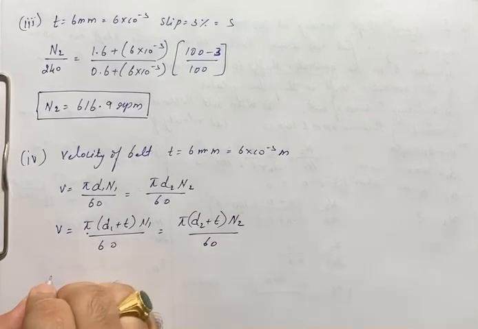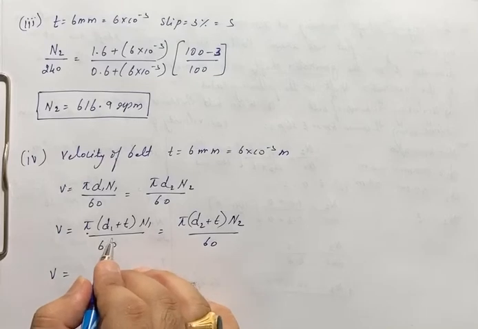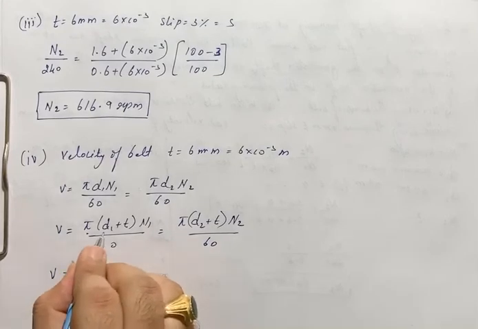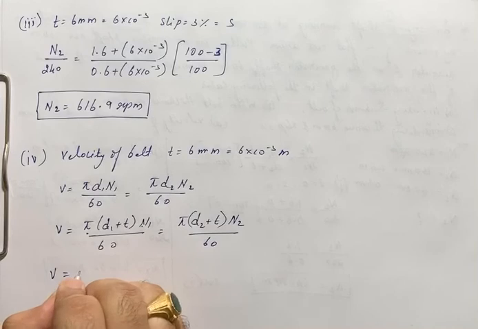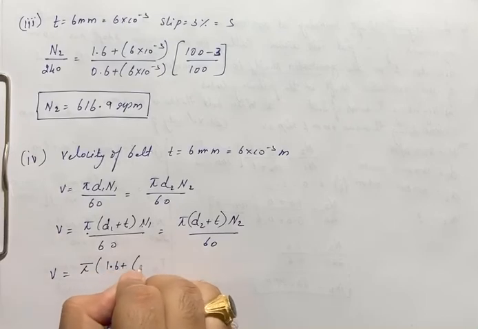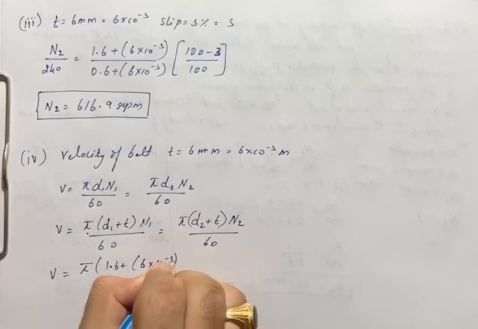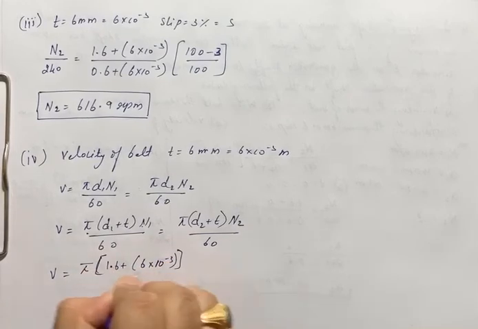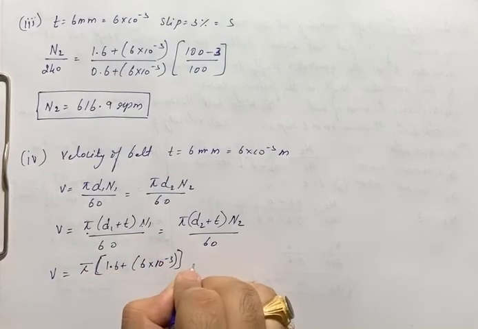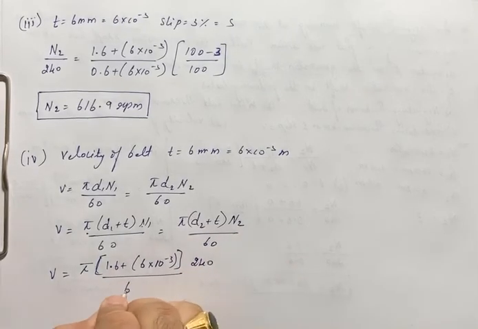Now when I substitute for V, I will take the first one only, because the speed is given as 240 RPM. So pi into D1, here 1.6 plus T, here 6 into 10 raised to minus 3, into N1, here 240, divided by 60.